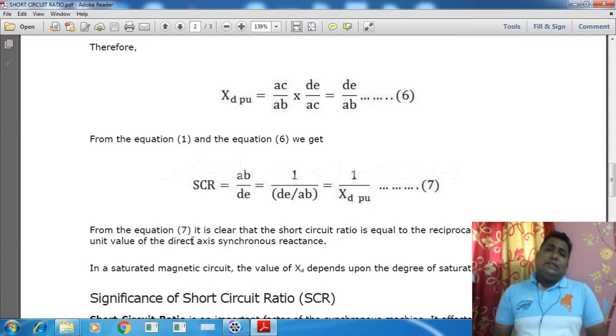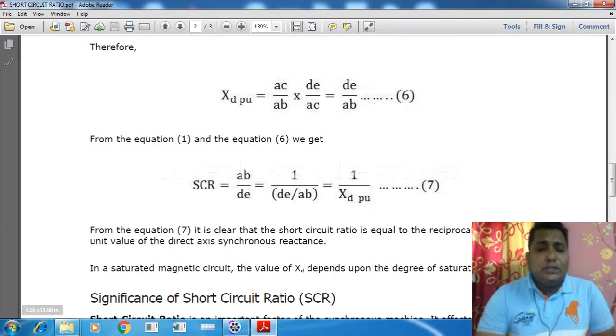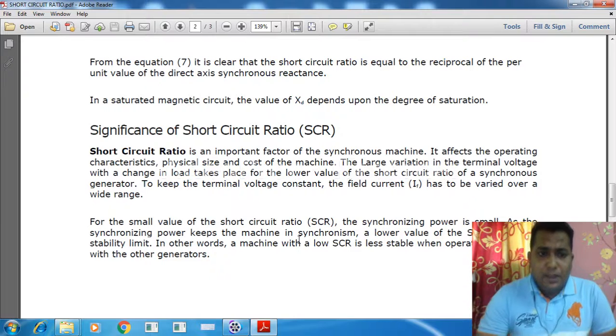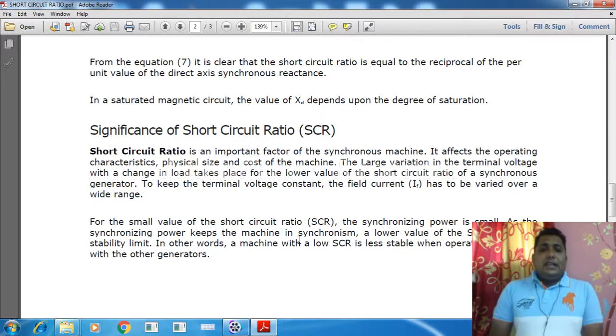Now the point is, what is the significance? That is the most important part of this particular presentation. What is the significance of this short circuit ratio? Okay, so as you can see, the short circuit ratio is an important factor of the synchronous machine. It affects the operating characteristics, physical size, cost of the machine.